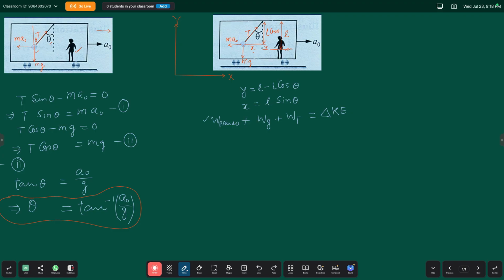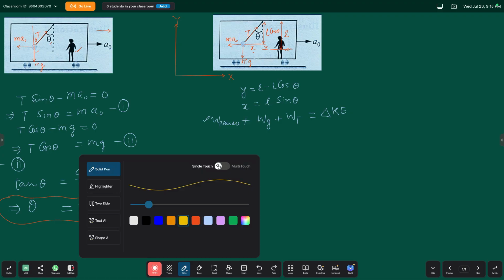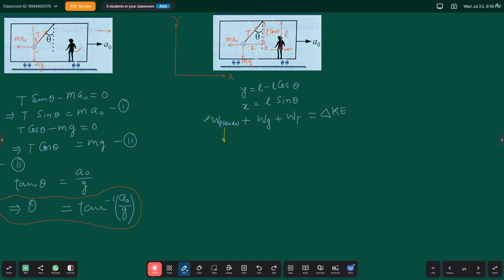So what will be the W pseudo? The force is m a naught, and the displacement is in the direction of the force, m a naught x.